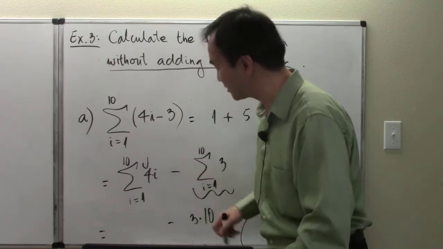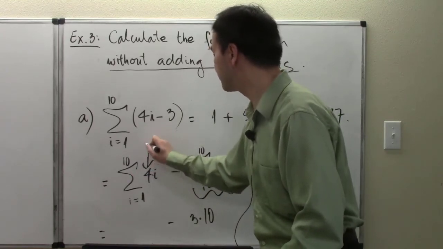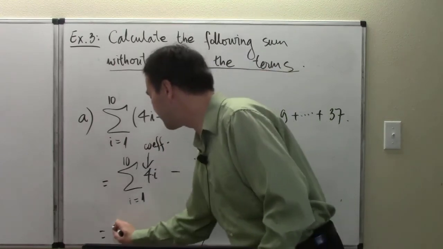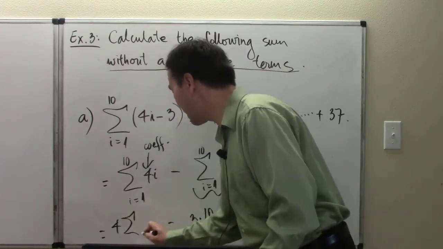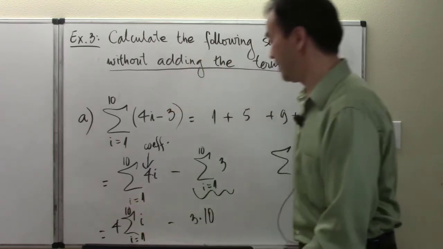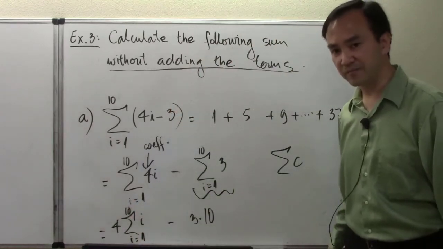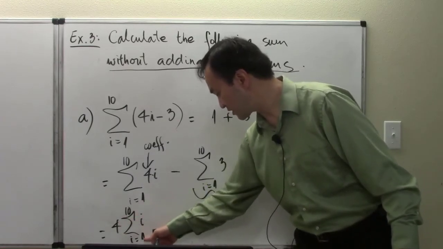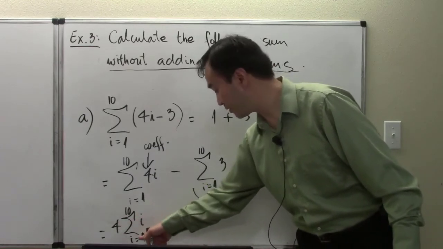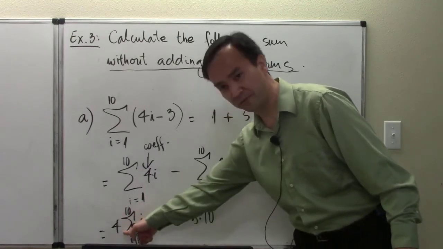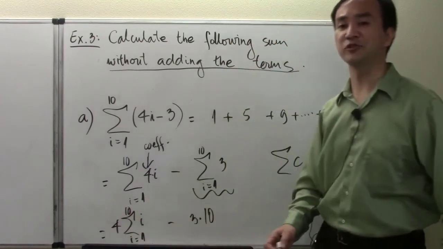Now I can factor out that 4 out front, leaving just the i from 1 to 10. Now we are very ready. It has surprisingly turned out to be a simple sum, a summation of all the i terms from 1 to 10. Once we have that result, we have to multiply it by an extra 4.